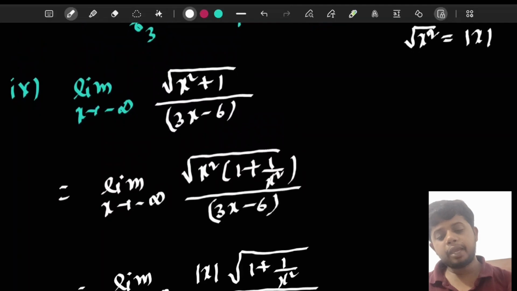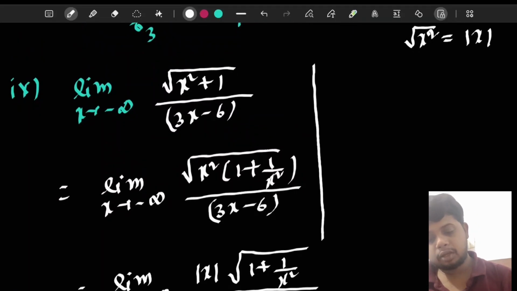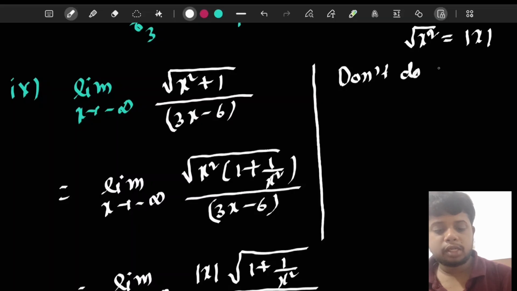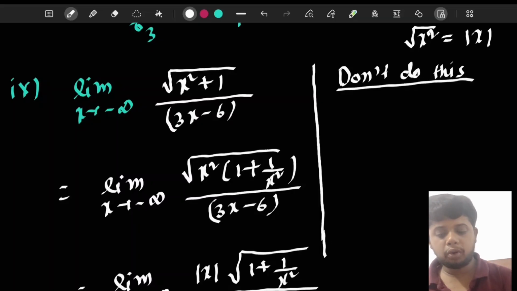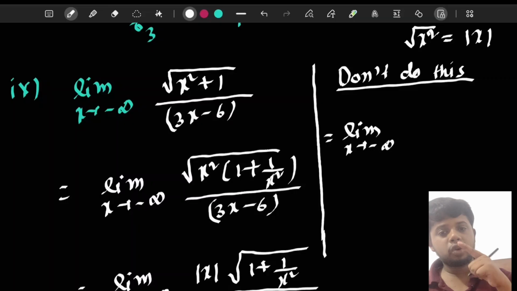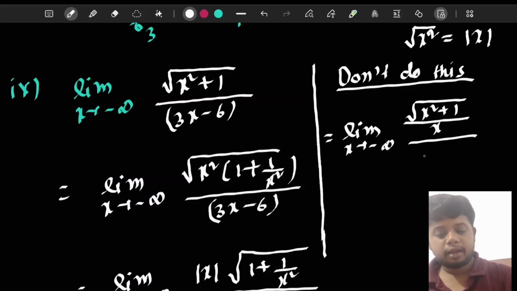People may make the mistake. Don't do this. What you have to not do? If I here limit extending to minus infinity, if I divide by x on the numerator and denominator, I'll get under root of x square plus 1 by x by 3x minus 6 by x.